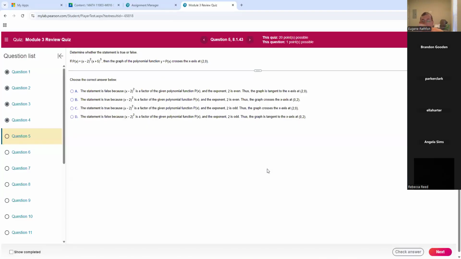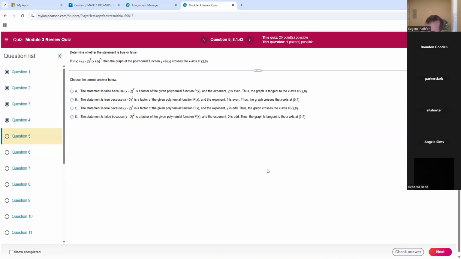All right, y'all, let's see what this one says. Let's think about this one, and I'll tell you what we're looking at. If P of x equals x minus 2 squared times x plus 5 cubed, then they want to know, does this cross the x-axis at 2, 0, true or false?